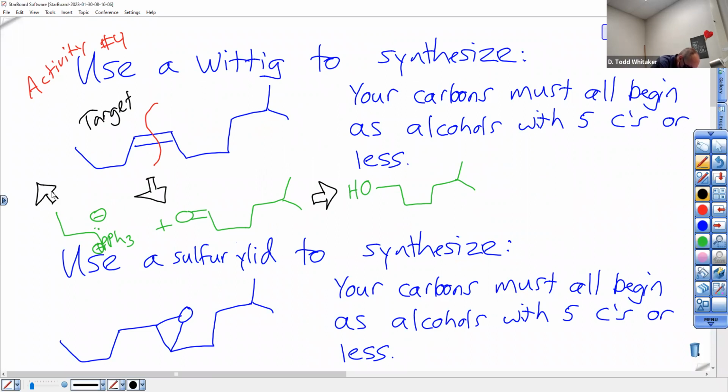What was it before it was the ylid? Did somebody say the P word? I thought I heard it. Precursor had an H instead of that anion, and that's the only difference. H instead of the anion. You don't have to draw the H, but it has a plus still. And then that came from alkyl bromide.